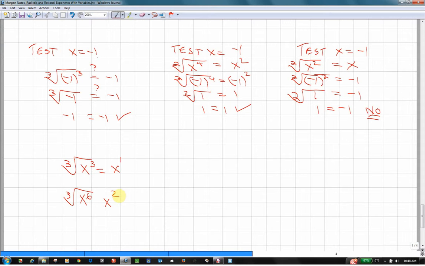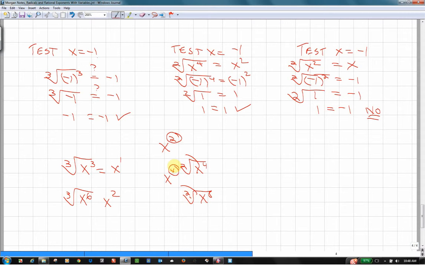In this other case over here, I had a situation where, for example, I had a square root of x to the 4th, or I could even say a square root of x to the 8th. And what I get when I would take this out of there, if I would get x squared or x to the 4th, I have an even index. The index is even. And when I simplify what's under the square root, I get an even exponent.